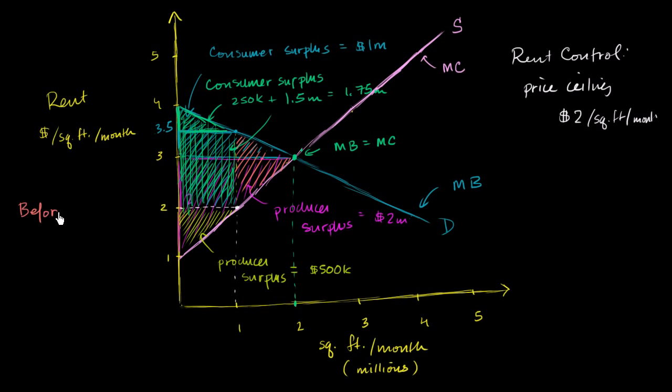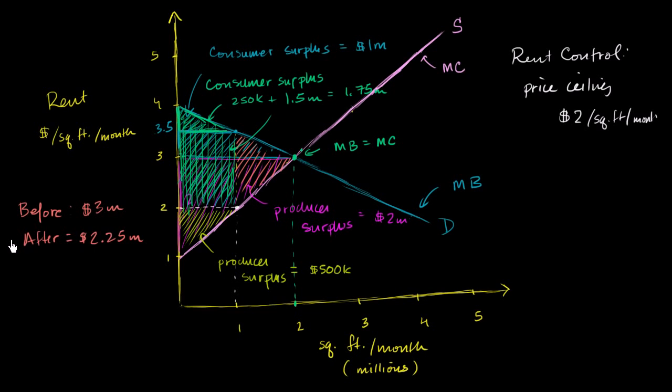So before, the total surplus was the 2 million producer surplus plus the 1 million consumer surplus. So it was 3 million. After, it is the 1.75 million consumer surplus plus the 500,000 producer surplus, which is 2.25 million.